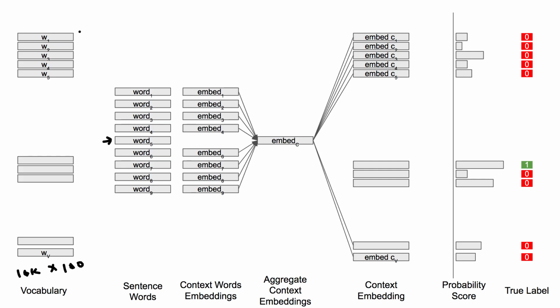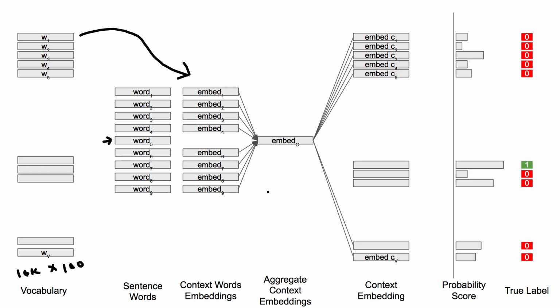So you're essentially pulling in the vector representation of word 1, which is embedding 1, word 2, embedding 2, so on and so forth, up to word 9. But you do not include the vector representation of word 5 because that is what you're trying to predict.